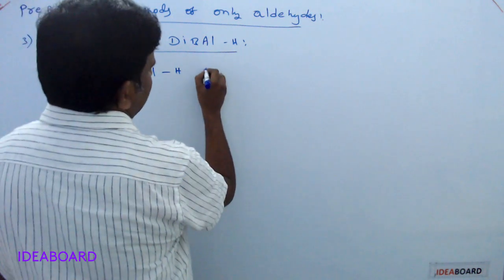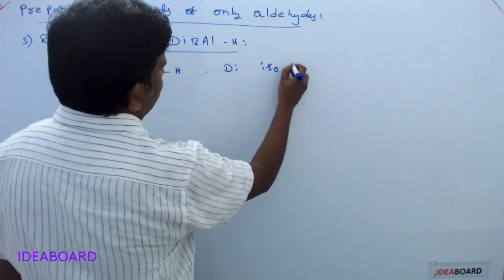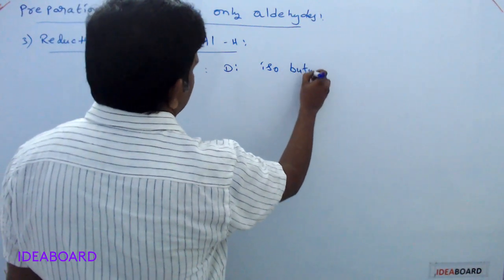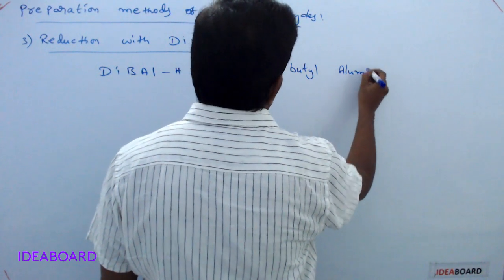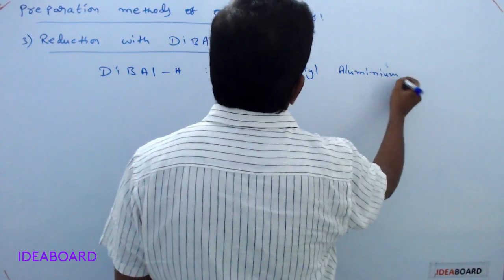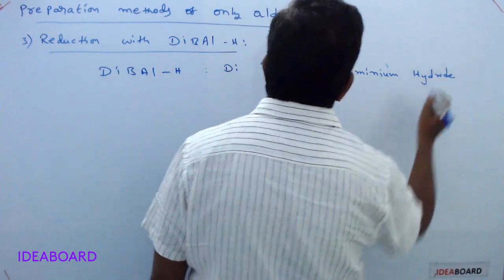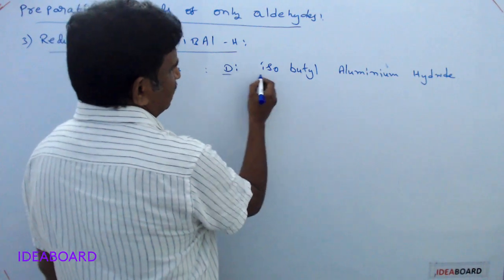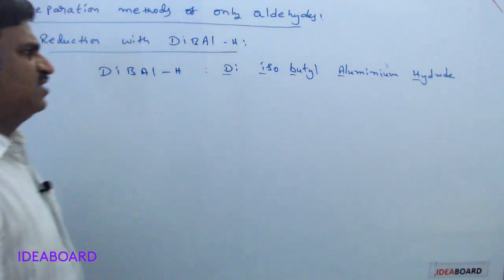It is called diisobutyl aluminum hydride, simply called DIBAL-H. Okay, that is DIBAL-H.